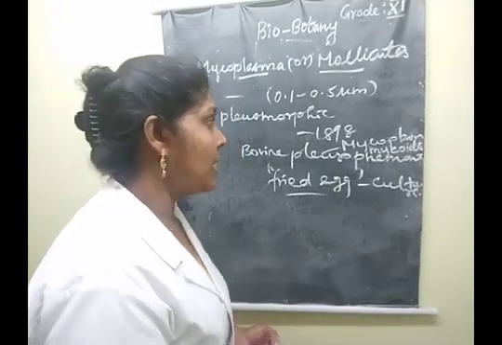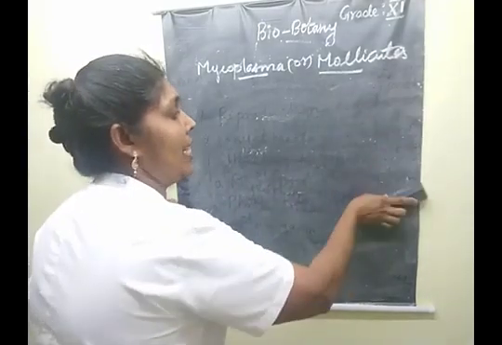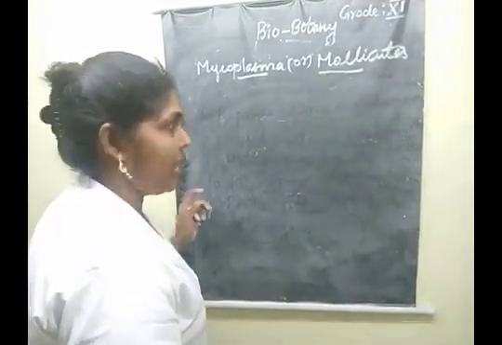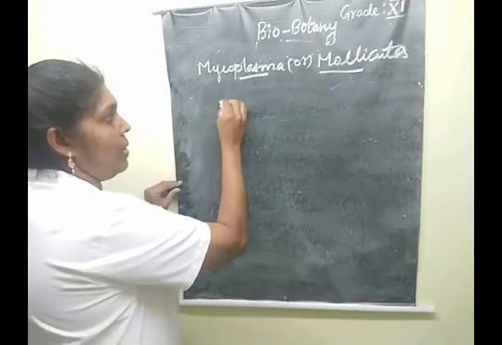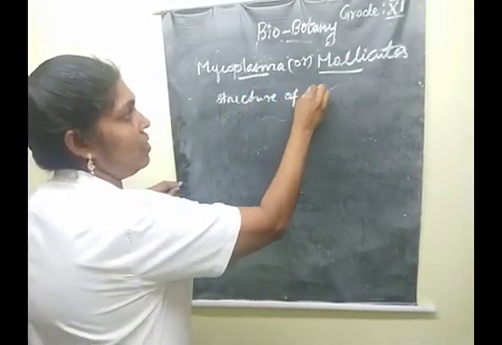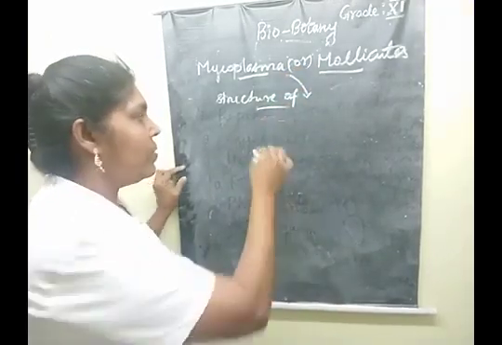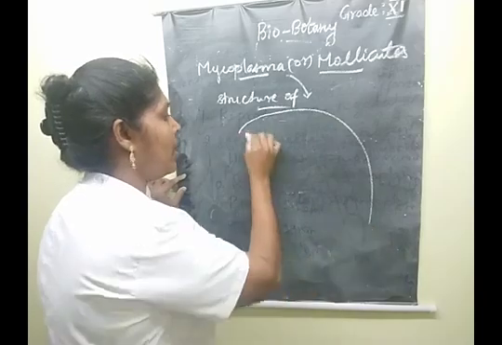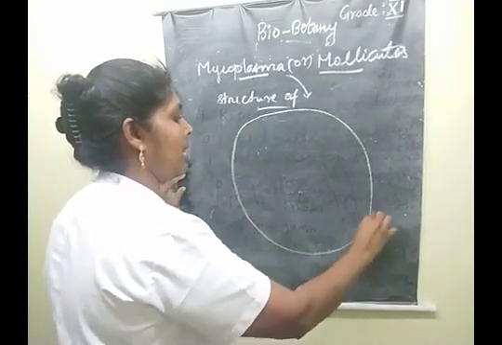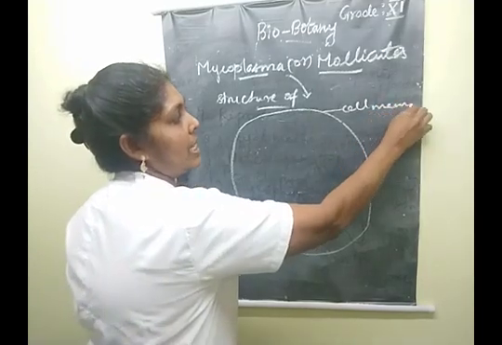Yes. The next very important 3 mark question: draw and label the structure of mycoplasma. Clear? Yes. First of all, imagine one cell. This is the cell membrane.